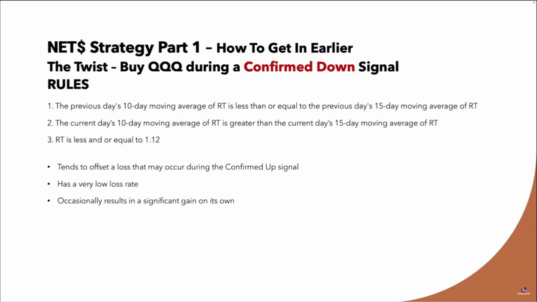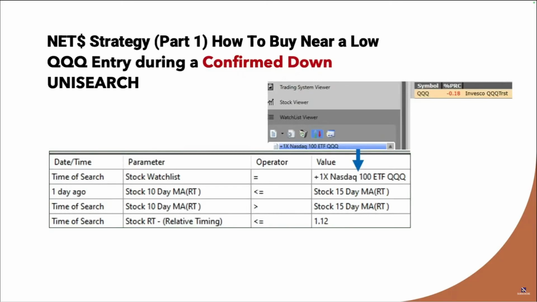Occasionally you'll get a really good run on this of 20% or more. And it's really pretty simple to put into the Unisearch. Essentially what you have to do first is build yourself a watch list, and this is already available, because the VVV QQQ ETF strategy already has a watch list.